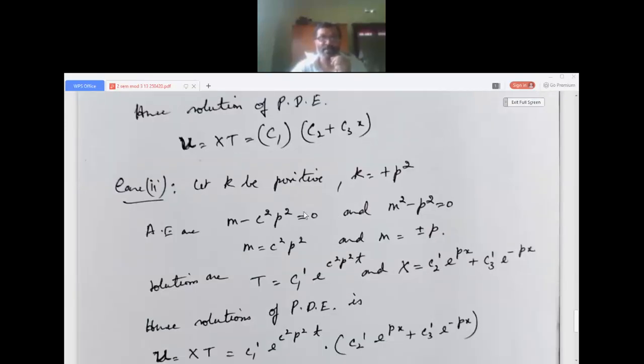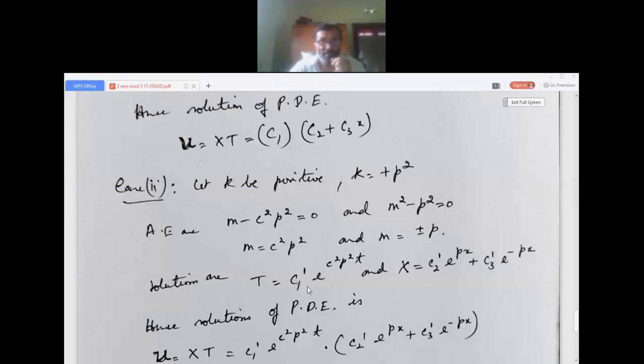Second case, when k is positive, k equals p squared. So in that equation I told you to put the value m minus c² p². Replace D by m, so m squared minus p squared equals 0. Take this to the other side, m squared equals p squared, or m equals plus or minus p. Then write the corresponding solution by using the concept of ordinary differential equations in module 1.